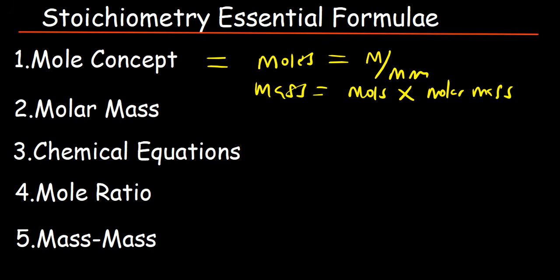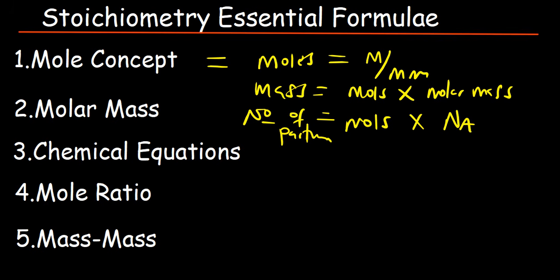Then you also have to understand that the number of particles, particles we said are atoms, molecules, ions, is going to be the number of moles multiplied by Avogadro's constant. And the Avogadro's constant we said is about 6.02 times 10 to the power 23.